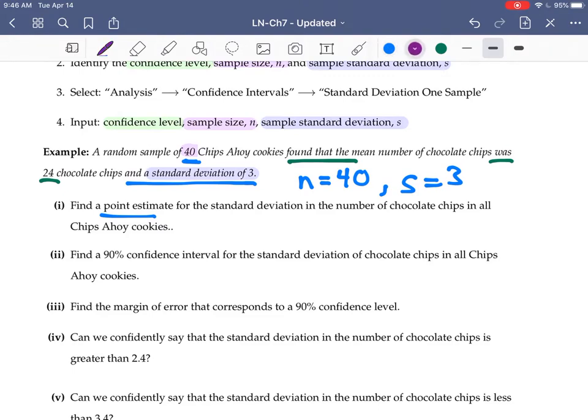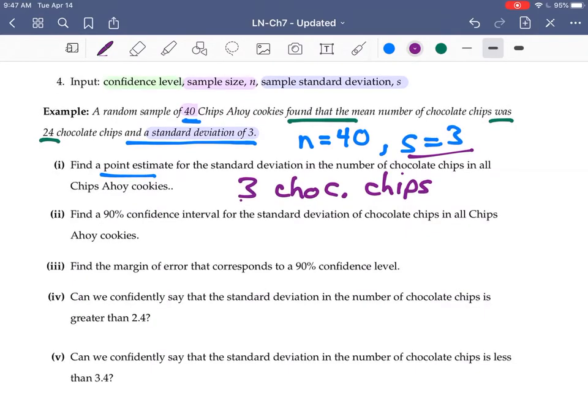A point estimate would be 3 chocolate chips. The standard deviation in the sample was 3, so if we're going to pick a point, we might pick that value. Now remember, we have a biased estimator here, so that's maybe not even the best value, but that's the value we're going to choose.